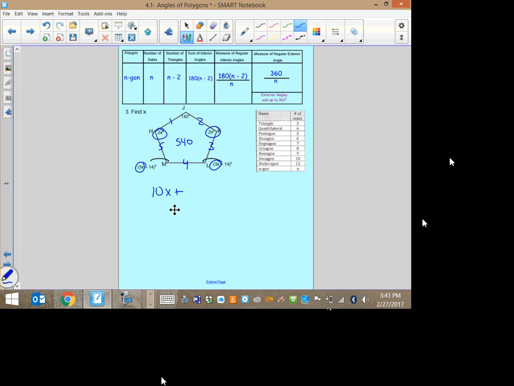So we'll get 142 plus 28, we'll get plus 170 equals 540. And then we can combine to get 10x equals 370, divided by 10, we get x to be 37. So note that the sum of all of those, kind of like we were doing in triangles before, but the sum has to be 540 instead of 180.